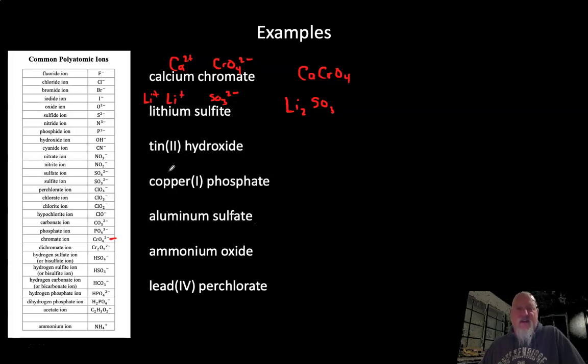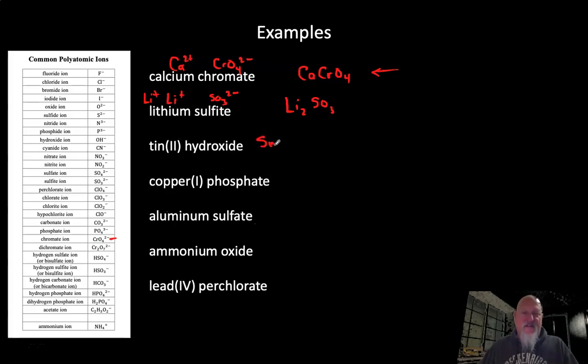SO3 2 minus is the anion. Lithium, Li. Sulfite, SO3 2 minus. Okay. In the formulas, there are no charges. So once you've got the formula and the ratio between the cations and the anions right, we don't write any charges.